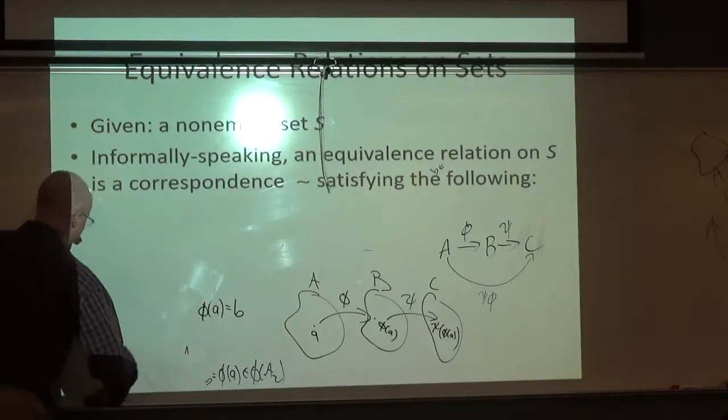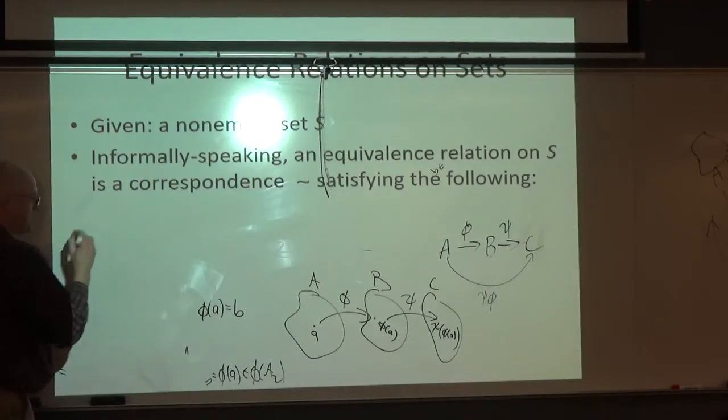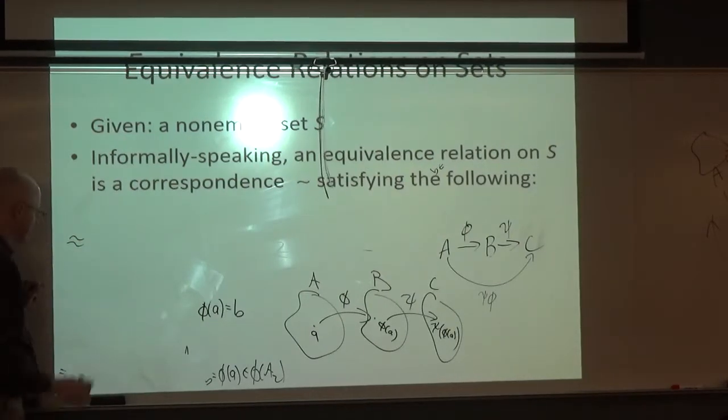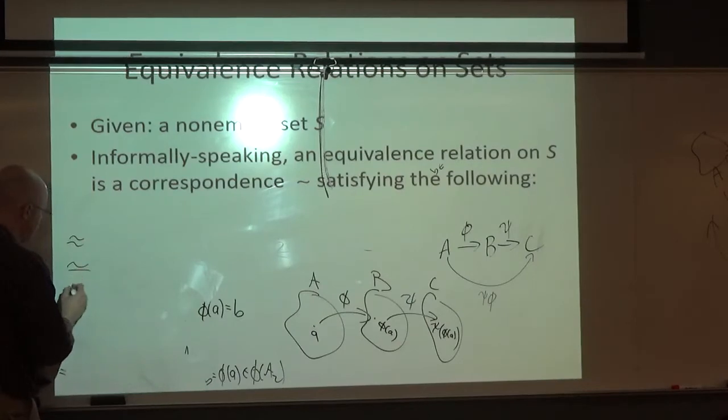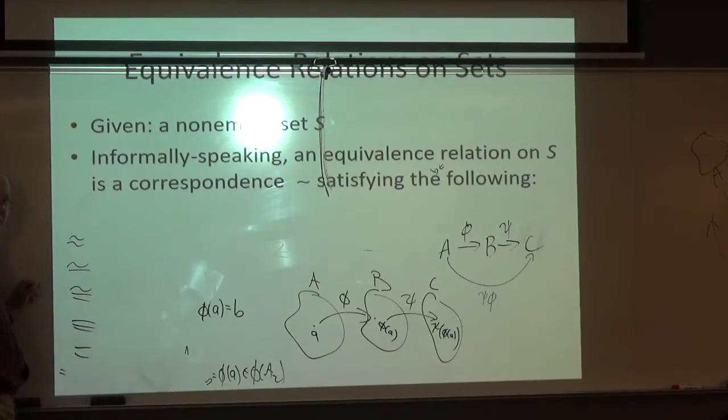Sometimes you'll see people put approximately equal to signs, or other symbols like these, and maybe even sometimes just a plain equals when they really mean equivalence relation. Or sometimes you'll see people use letters like the letter R. A R B means A is equivalent to B.